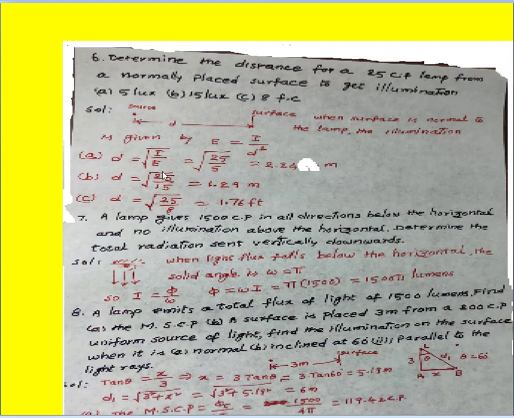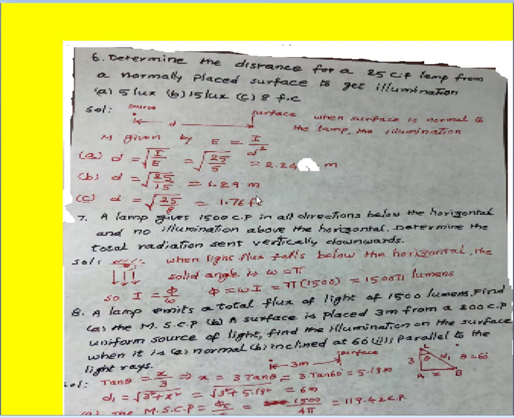As usual, D is equal to root of I by E. I is given as 25 cp, divided by the illumination, here it is foot candela, so divided by 8. Then we get the distance in terms of feet, that is 1.76 feet.